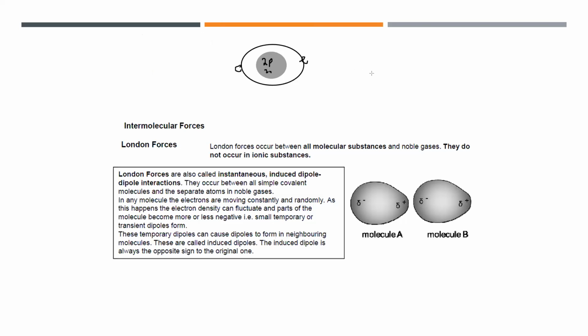Then there's another helium atom. Helium is a monoatomic gas which has two protons, two neutrons, and two electrons. Now what happens? The size is the same, but because the molecules are moving randomly, they collide with each other. The moment they collide, they cause a distortion of electrons, or a shifting of the electron density.